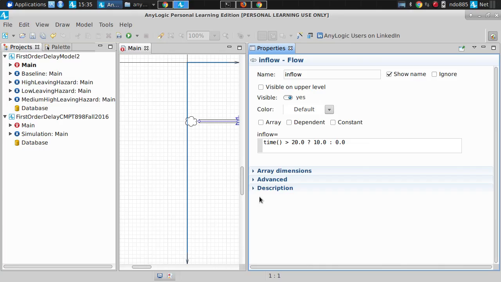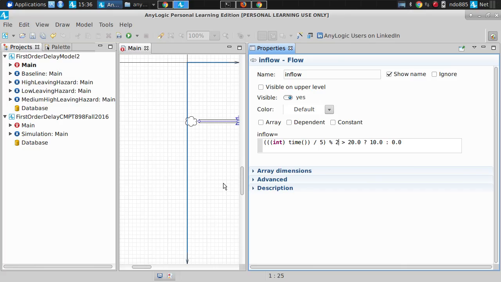I would like to ask if the integer value of time, so if we cast time to an integer, and then we divide it by 5, and we say modulo 2.